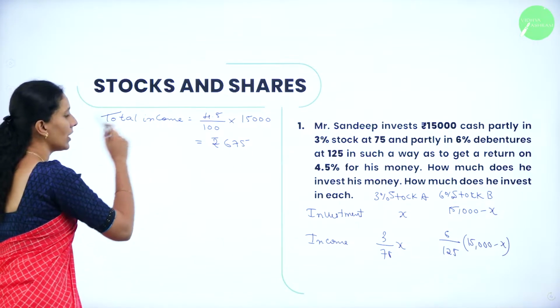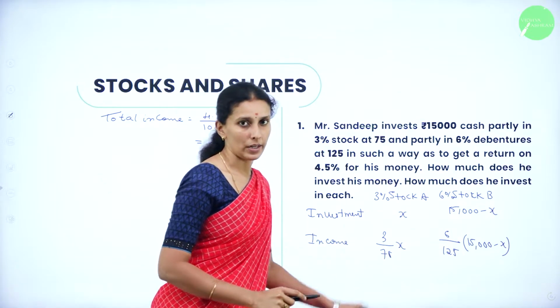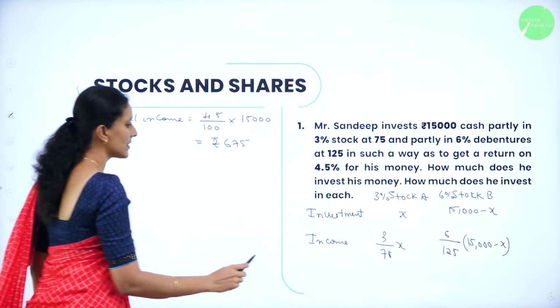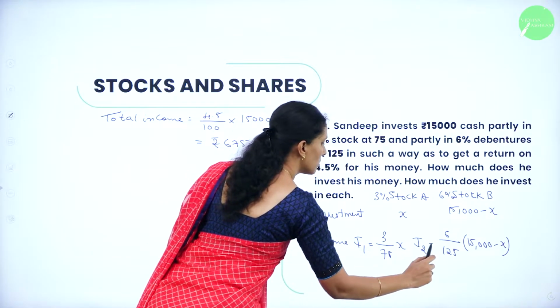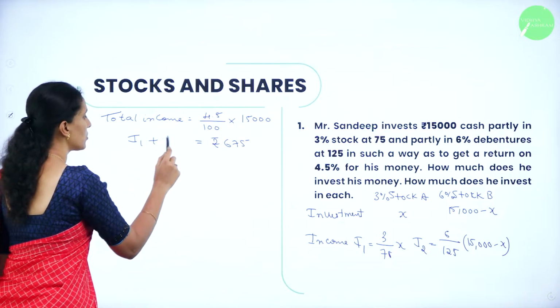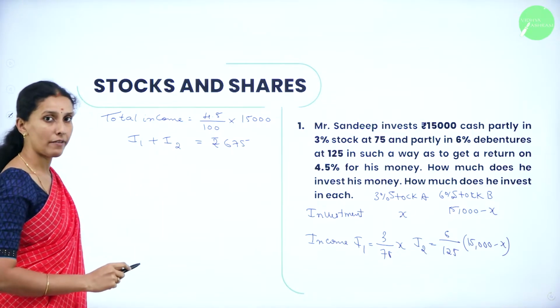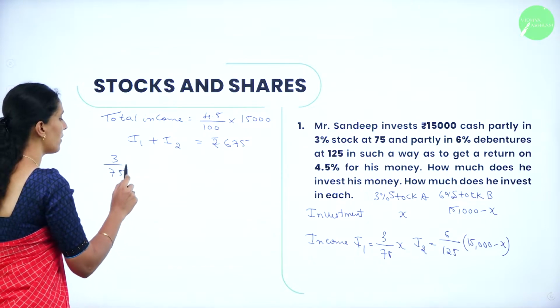This total income can be got by adding these two incomes. So we can take this as I1 and this as I2. So total income can also be written as I1 plus I2 is equal to 675. So let us write I1 now. It is 3 by 75 X.